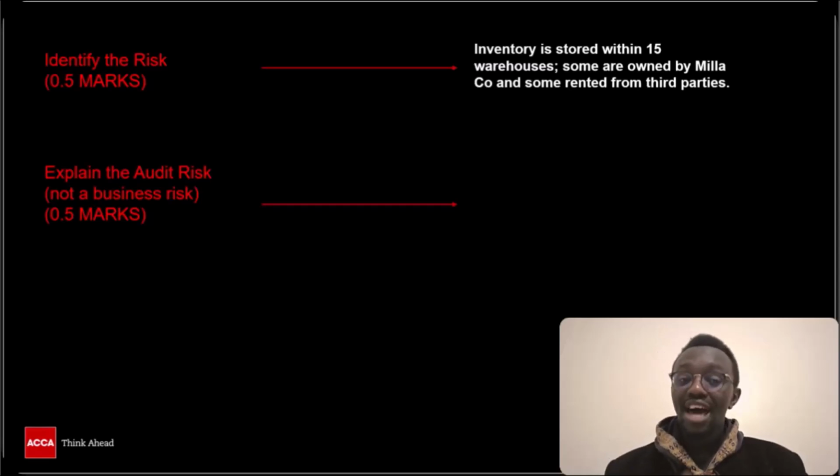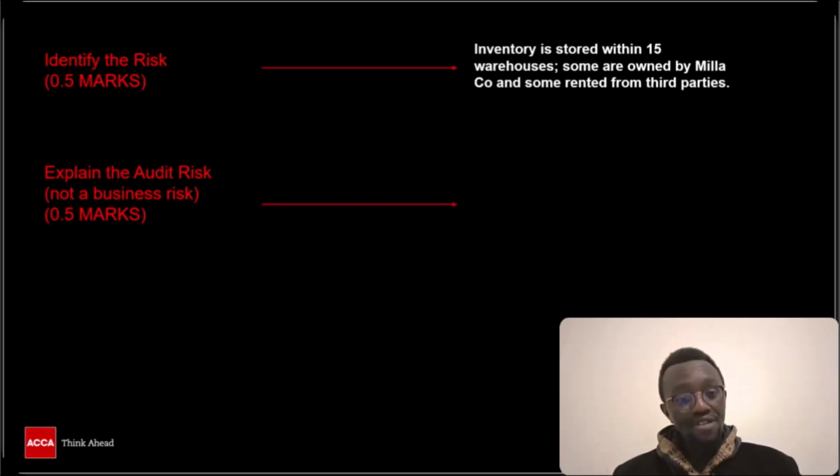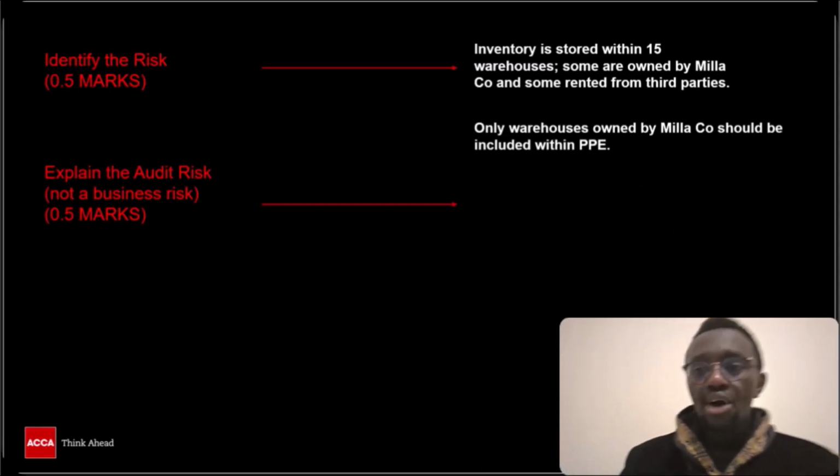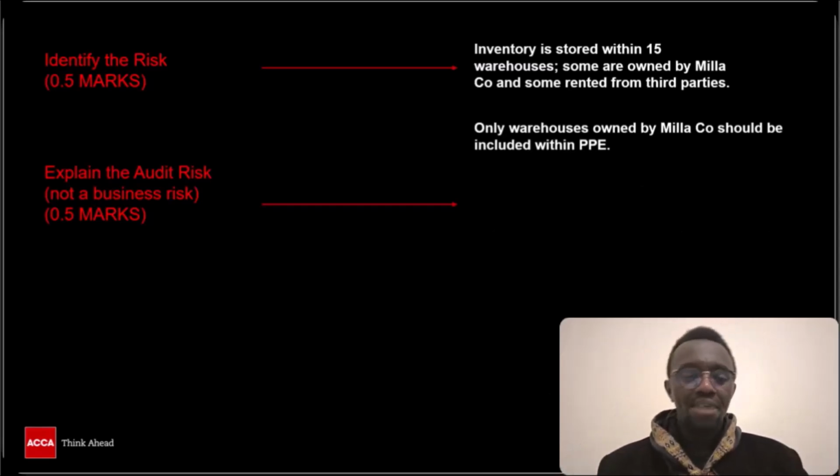Or the third way, which I usually find to be the most popular one, is being able to identify the area within the financial statement area impacted, and then being able to mention whether that is understated, overstated, or misstated. So for instance, we see here, only warehouses owned by Miller Company should be included within PPE.